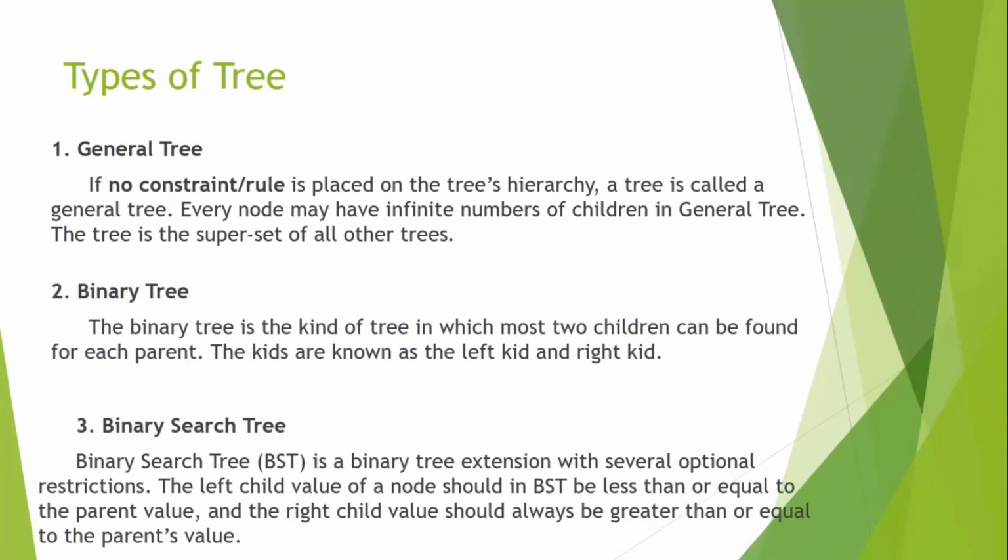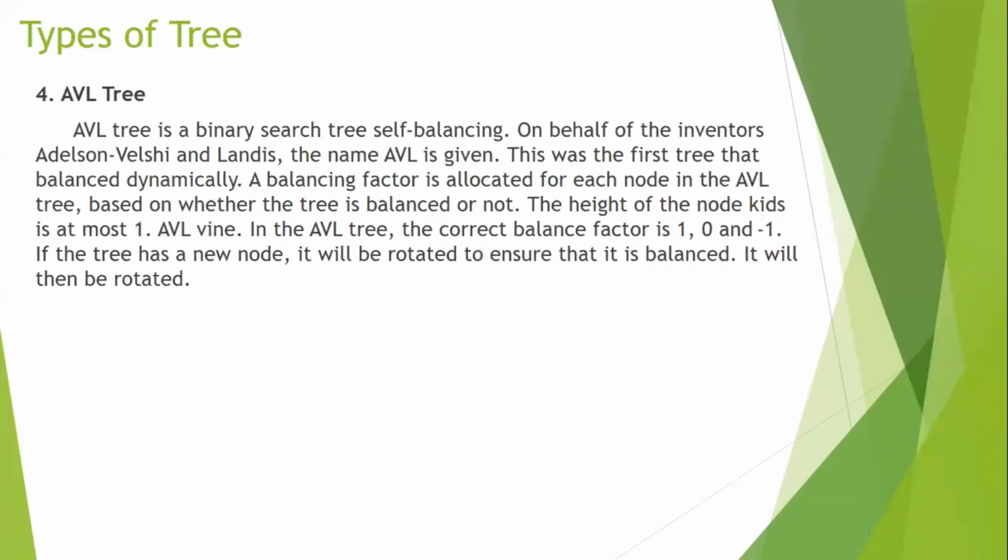It is a binary tree extension with several optional restrictions. The left child value of a node in a BST should be less than or equal to the parent value, and the right child value should always be greater than or equal to the parent's value.